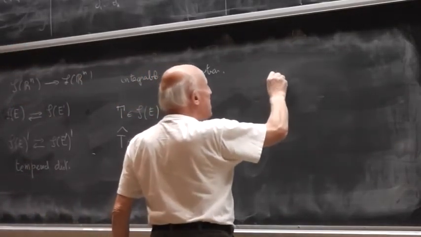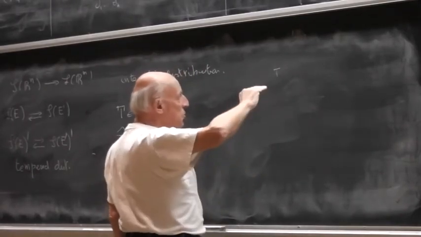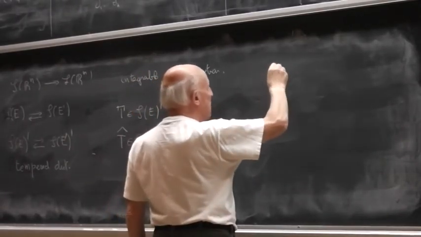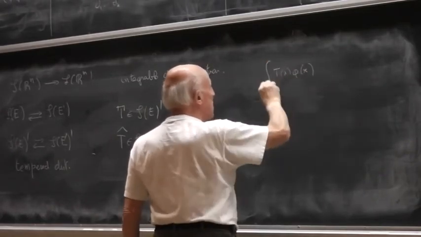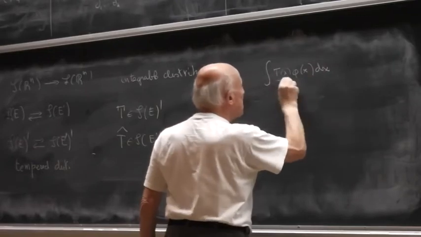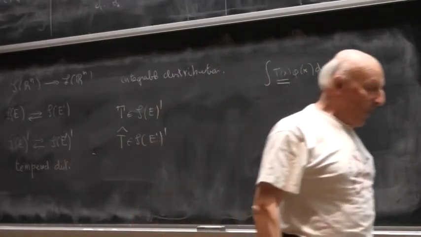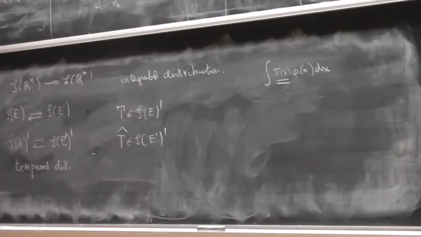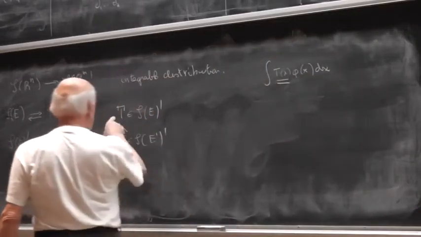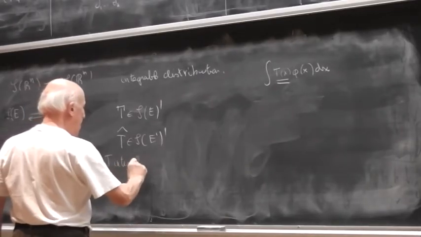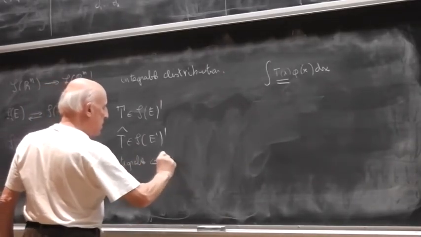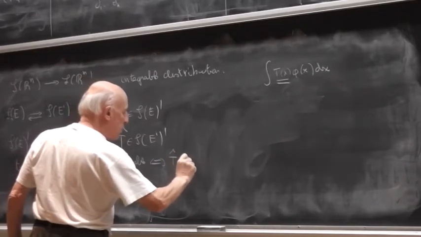So if T is a function which is not too big, it doesn't go too fast at infinity, and if you multiply it by a test function, so that you can integrate, then any function T of x defines a functional on test functions and defines a distribution. So it makes sense to say that a distribution is a function. And now the definition is as follows: T is integrable if and only if T hat is a continuous function.